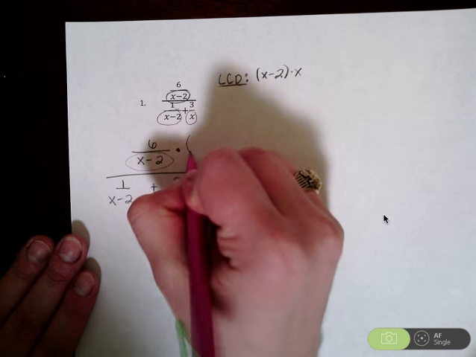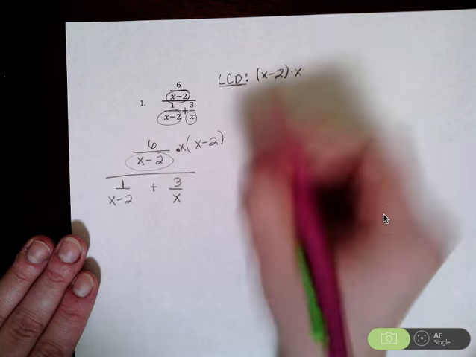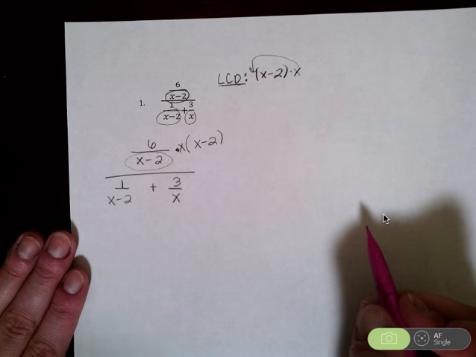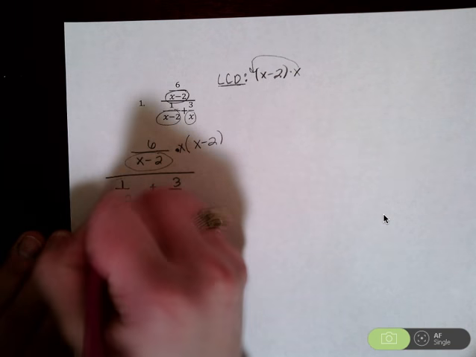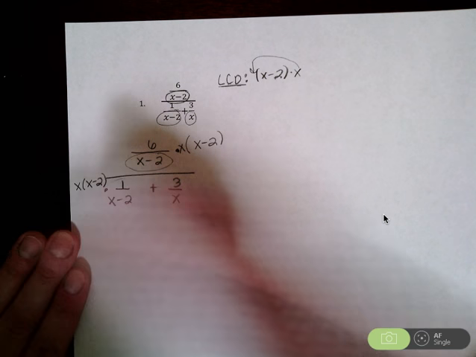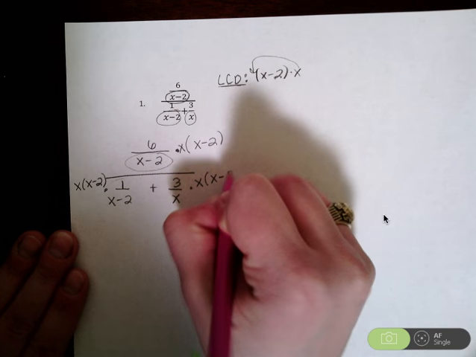So I need to multiply the top by x times x minus 2. All I did was bring that x out in front. I like it there better. Then we need to multiply this fraction by the least common denominator, which is x times x minus 2. And then I'm going to multiply this one by x times x minus 2.